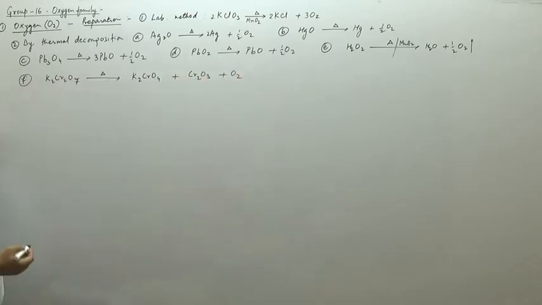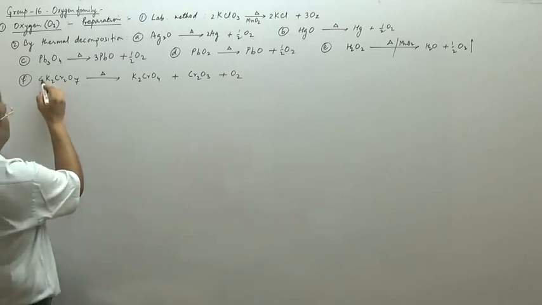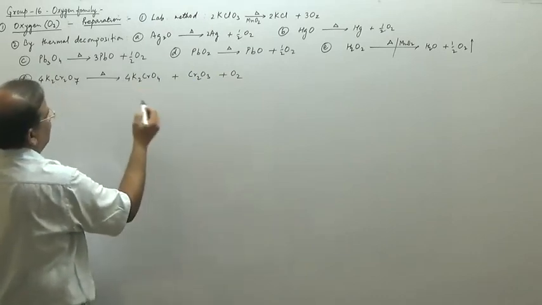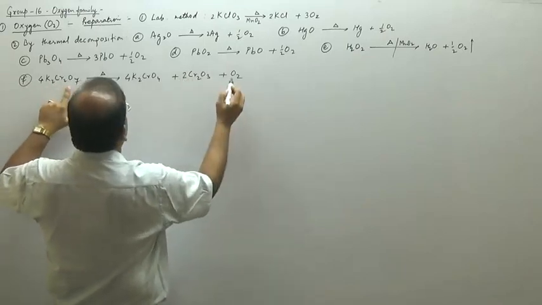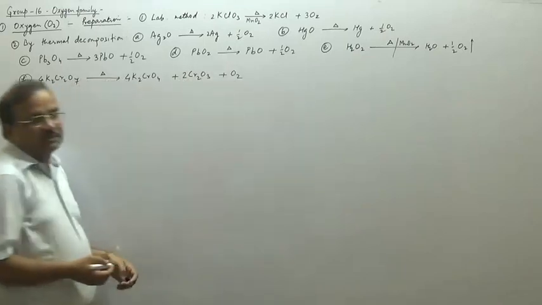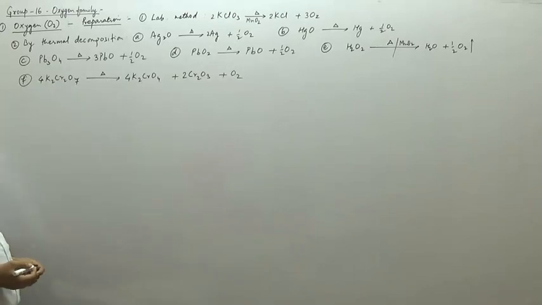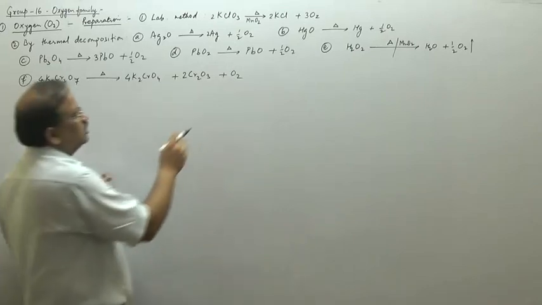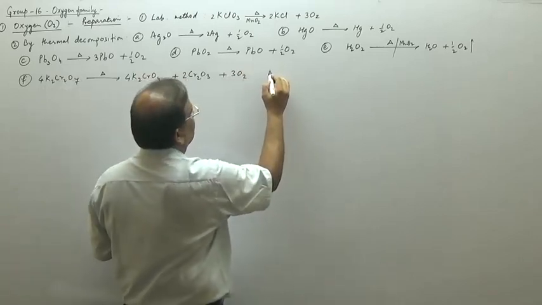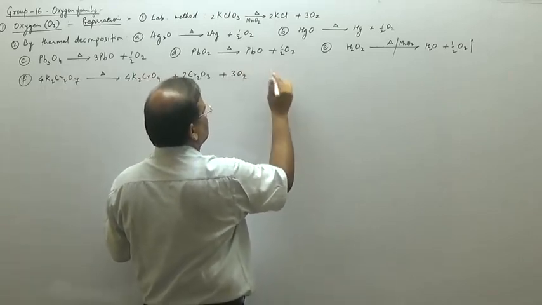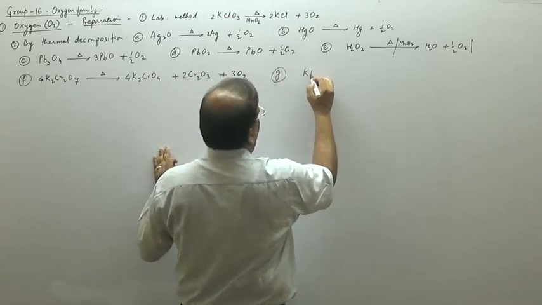We write it as 4K2Cr2O7 giving 4K2CrO4 plus 2Cr2O3 plus 3O2, and oxygen is liberated in this reaction. Similarly, I can write again the decomposition of KMnO4.